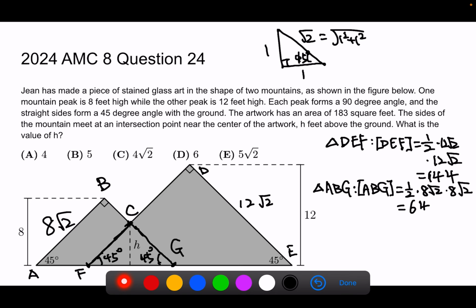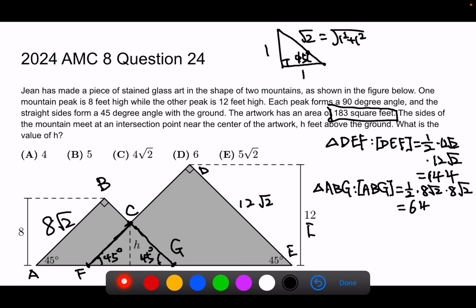Now, they also told us the artwork's total area is 183 square feet. So how do we use this number? Why does this matter? Think about this. You have two triangles now, ABG and DEF, and they overlap. When you put them together, the total area is going to be less than the two triangles' areas added together.